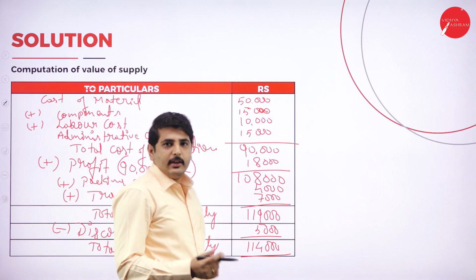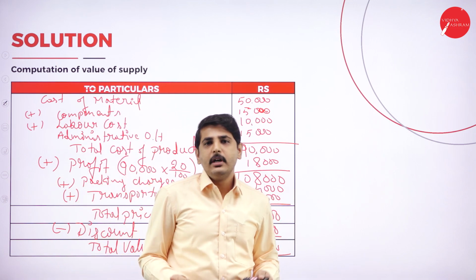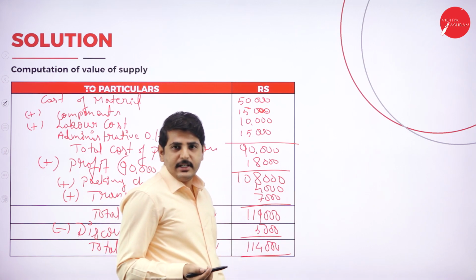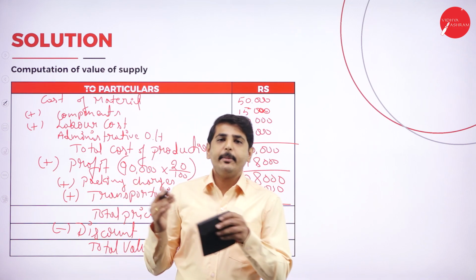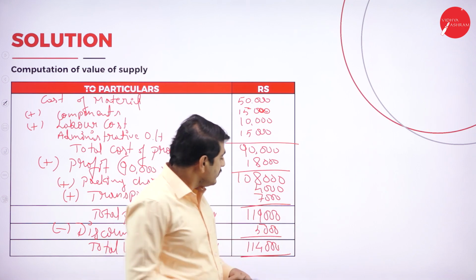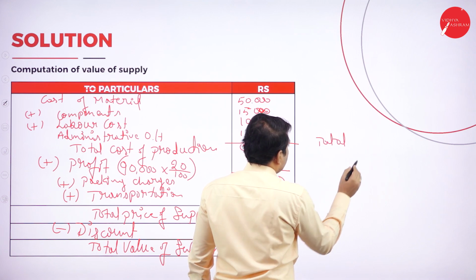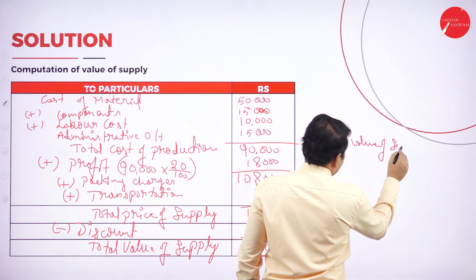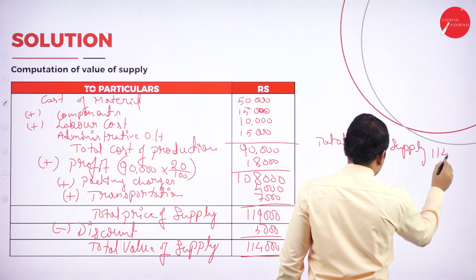And after that, if he did not give the actual GST rate, we can assume the GST rate as 18%. So let's calculate the 18% GST, and out of 18%, 9% is the CGST, remaining 9% is the SGST. So total value of supply is 1,14,000.